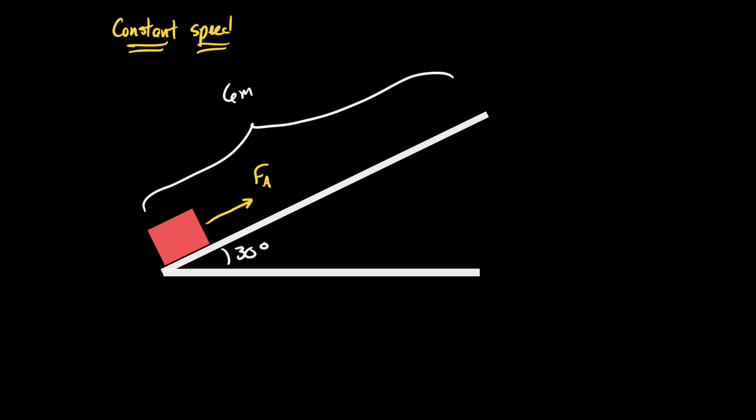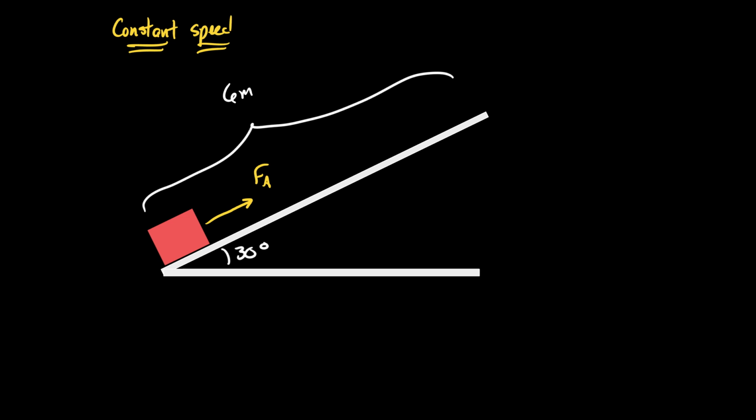Okay, this is a net force equals 0 problem, correct? Because we're going to push the box up at a constant speed. Does that make sense? So our applied force is in the direction that we want to go, and the whole ramp is 6 meters long. I want to know how much work is going to be done by the applied force.